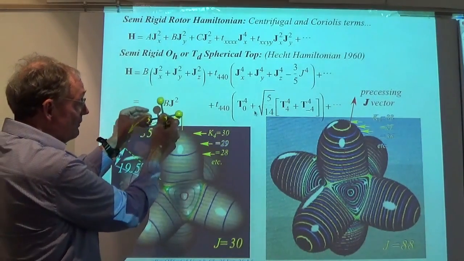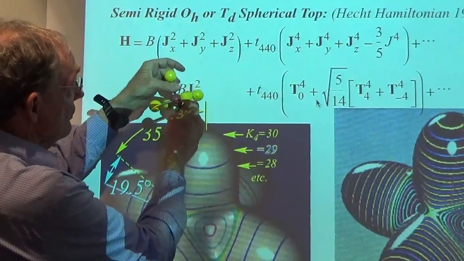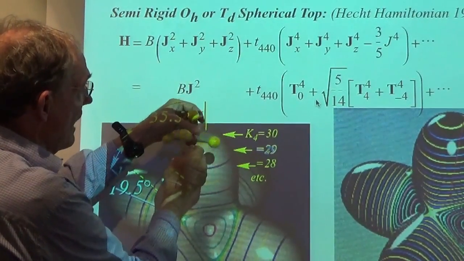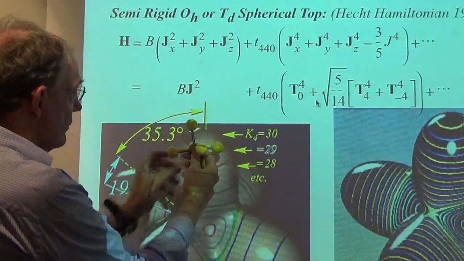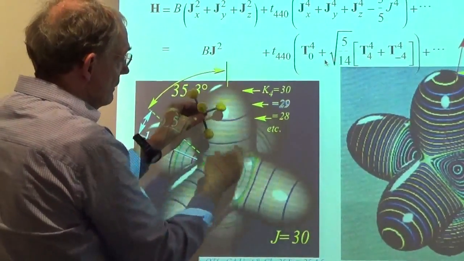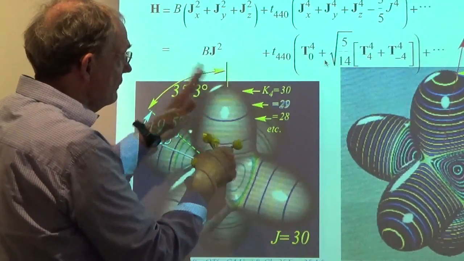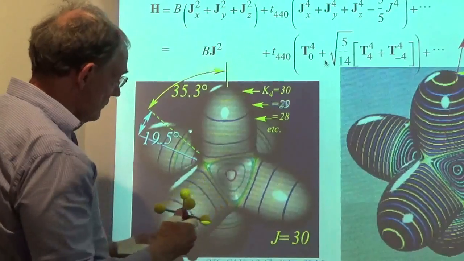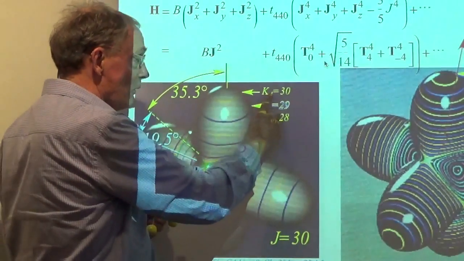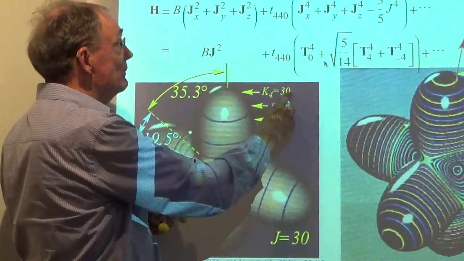And the bonds are very strong, so they do not stretch much when you turn the rotation up, in whichever direction. This one right here corresponds to it doing that. This one over here corresponds to it rotating like that. This one over here corresponds to it rotating like that. You see, there's 6 different ways that this thing can rotate with a quantum number N4, this is molecular K being used here, equal to J, which is 30.